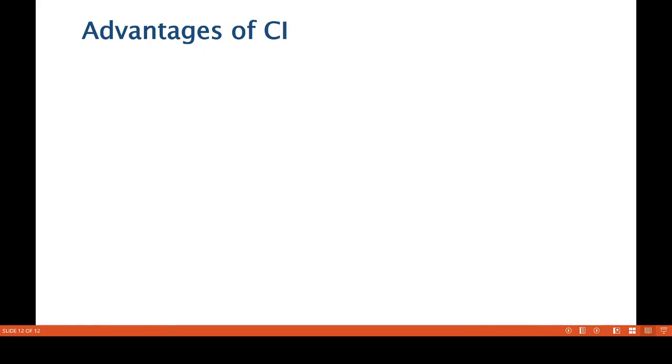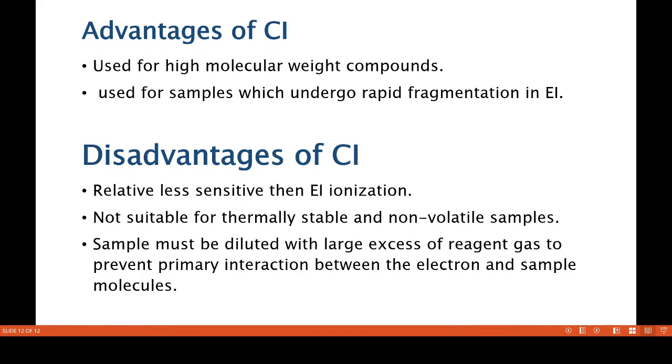Then we see the advantages and disadvantages of chemical ionization. Chemical ionization is used for high molecular weight compounds, while electron ionization is used only for compounds whose molecular weight is below 600. This is a difference between chemical ionization and electron ionization.